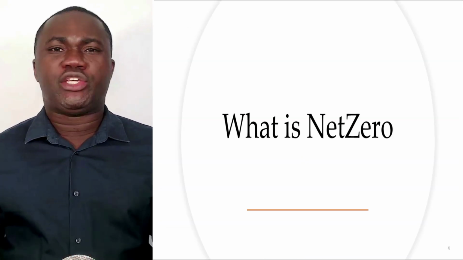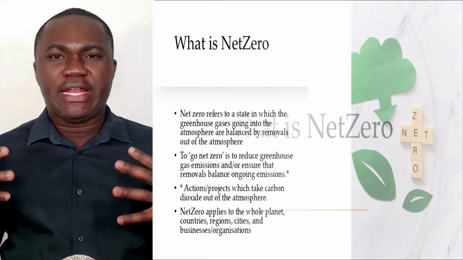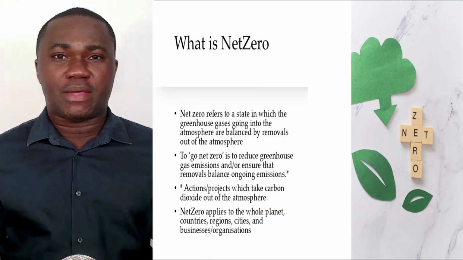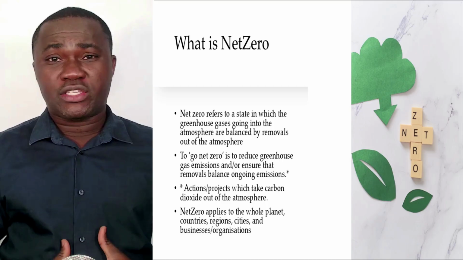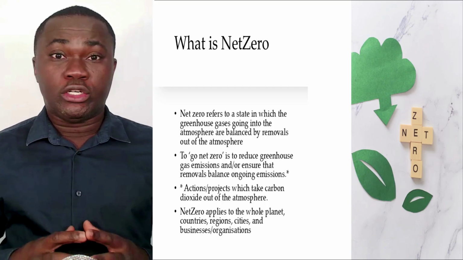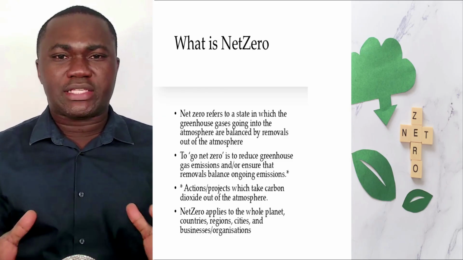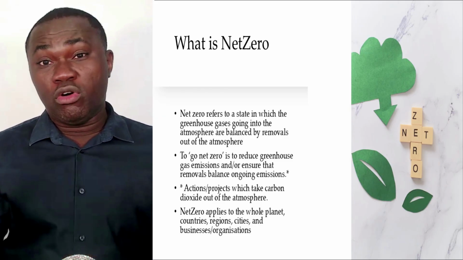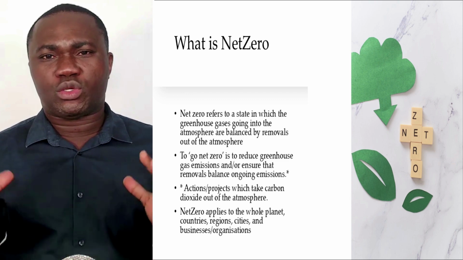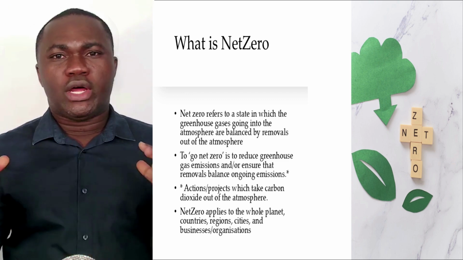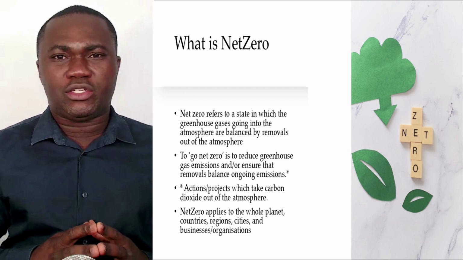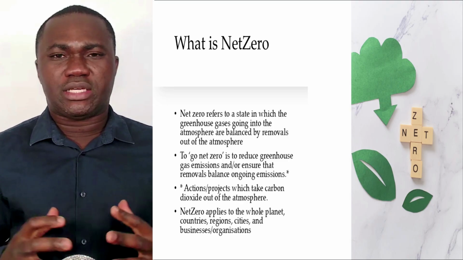So what is net zero? When we say net zero when it comes to greenhouse gas emissions, it refers to a state where all the greenhouse gas emissions emitted into the environment are balanced by the removals of greenhouse gas emissions from the atmosphere. Now, net zero can be applied to the whole planet Earth.